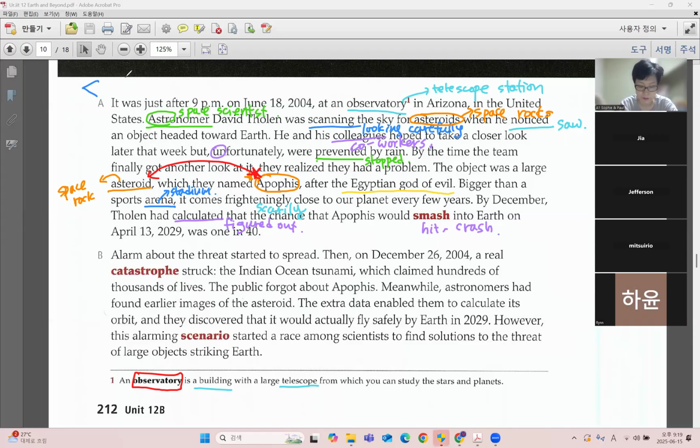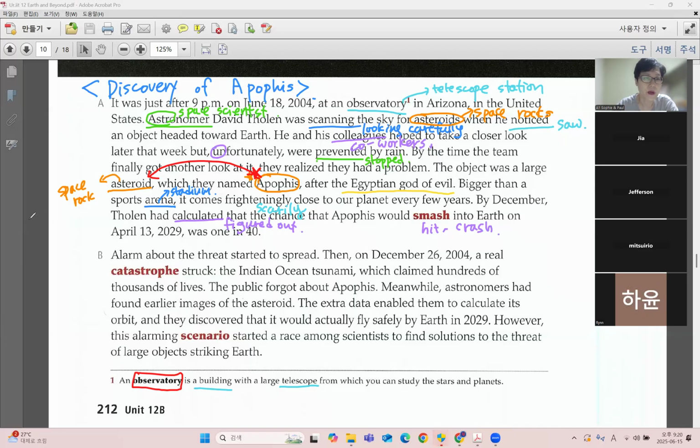What is this paragraph about? So you can say discovery. Okay, write it.